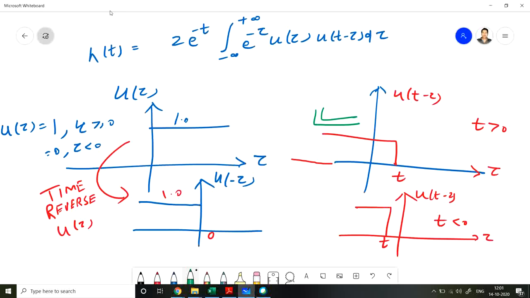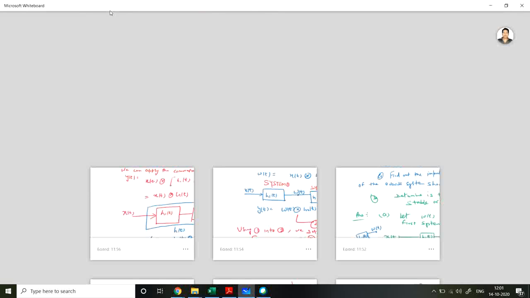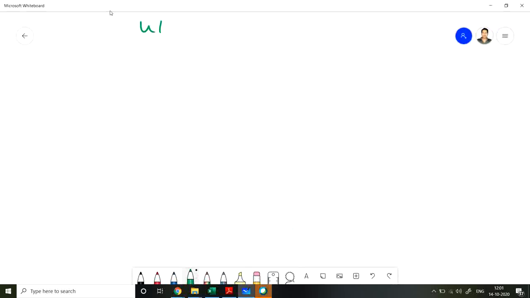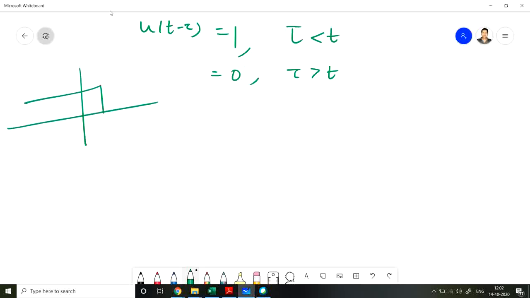Basically u(t minus tau) is 1 for tau less than t, and it is equal to 0 for tau greater than t. This is our graph, this is when t is less than 0, and this is when t is greater than 0.